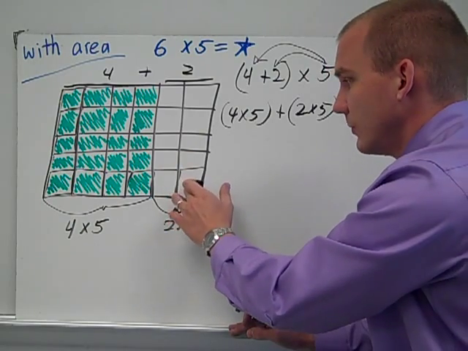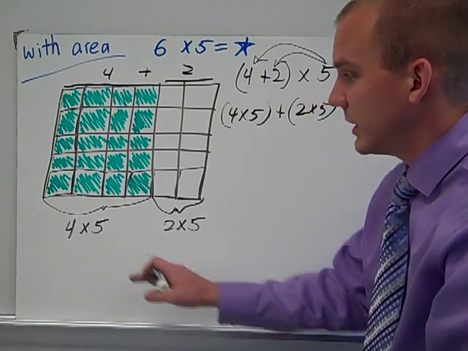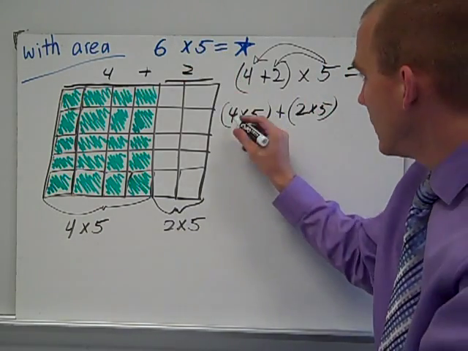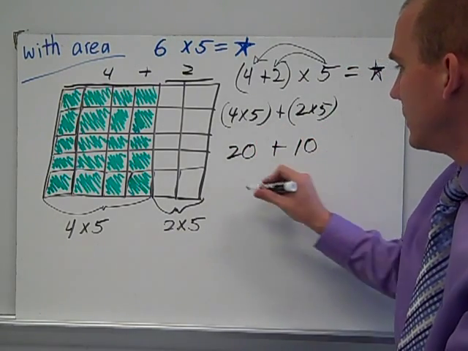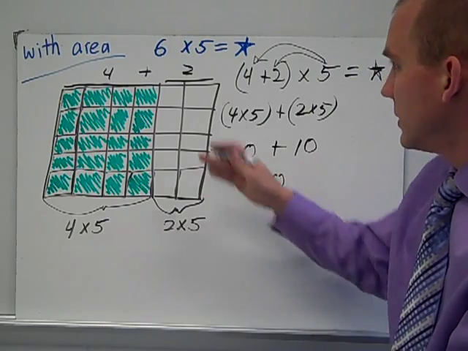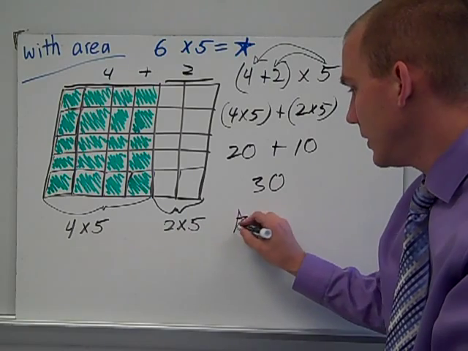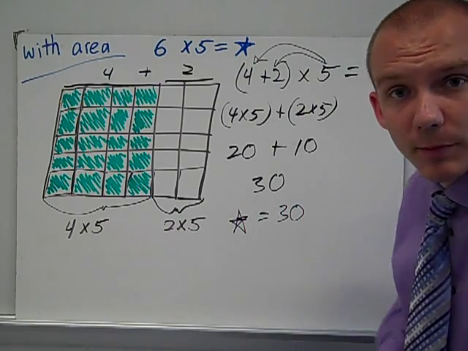When I add them up, I'll have the total, which is really 5 times 6, because 4 plus 2 is 6. So 4 times 5 is 20, plus 2 times 5 is 10. 20 plus 10 is 30. So going back to the original, 6 times 5 is 30. I was looking for an unknown, so that means the star equals 30 in this problem.